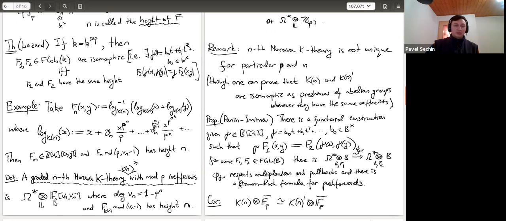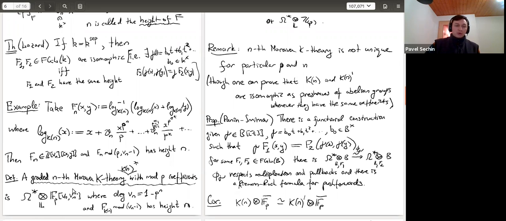I have suppressed the grading so far, but let's now recall that there is a grading on the Lazard ring because, for example, it's the ring of coefficients of the algebraic cobordism that is graded. And we assume that here we have a morphism of graded rings. That is the same as saying that the formal group law is graded in the natural sense.